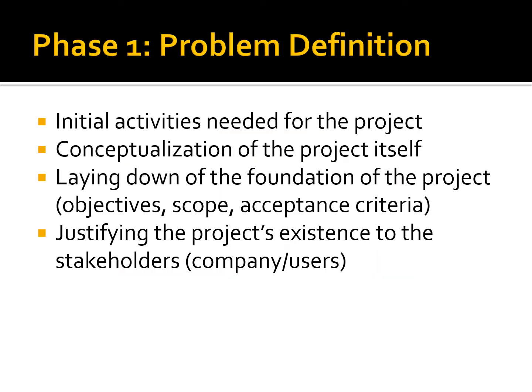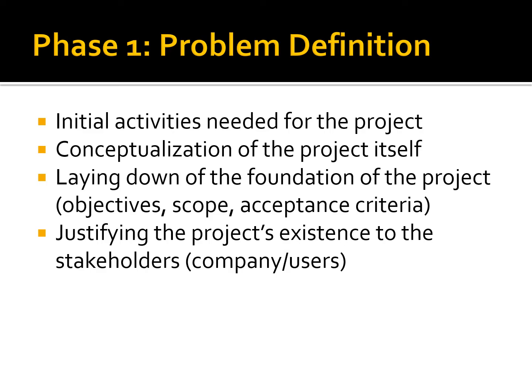Phase 1 of a project life cycle is what we call the problem definition. These are the initial activities needed for the project. It is also where the conceptualization of the project itself is done by the team.